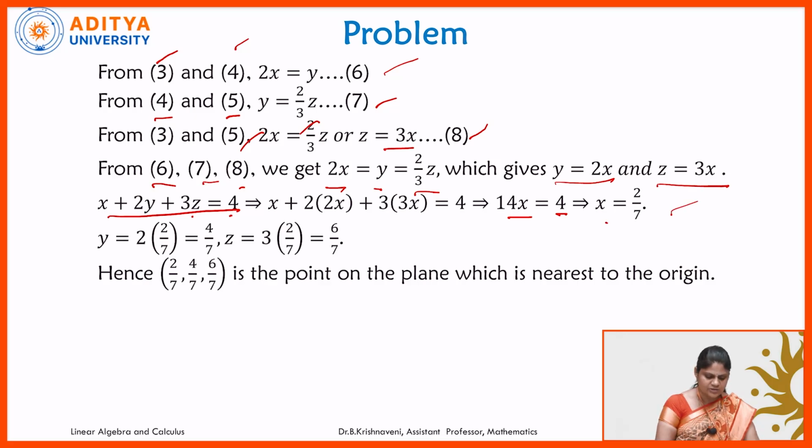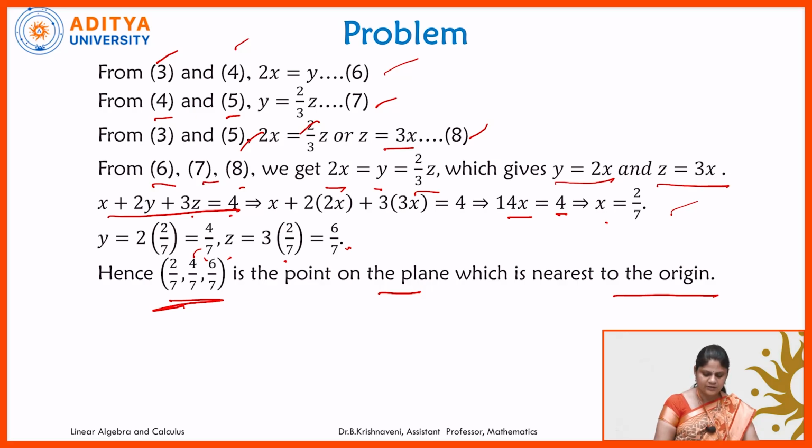Now y is 2 into x, which is 2 into 2 by 7, that is 4 by 7. z is 3x, which is 3 into 2 by 7, that is 6 by 7. Hence, the point on the plane nearest to the origin is (2 by 7, 4 by 7, 6 by 7).